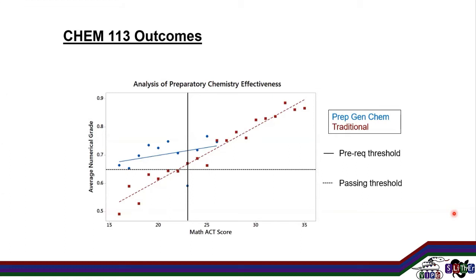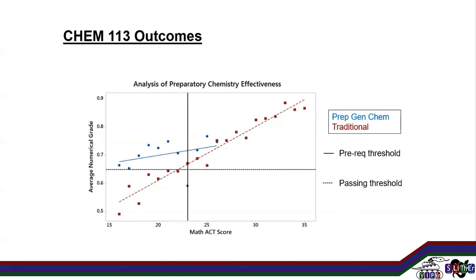The dotted line represents what it takes to pass. And the blue is the prep gen students. So these are the prep general chemistry students that now take general chemistry 1. And you can see that all but one is above that passing threshold.